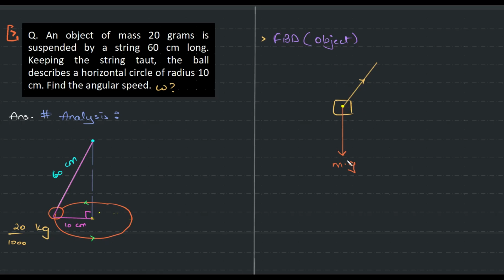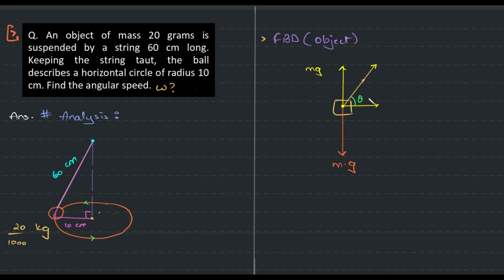First thing is, who is supporting this? The string is supporting this, right? So let us represent the force with this amount. By default, how much will the vertical force be? It has to be mg. There's no other option. And the horizontal part we need to figure out.